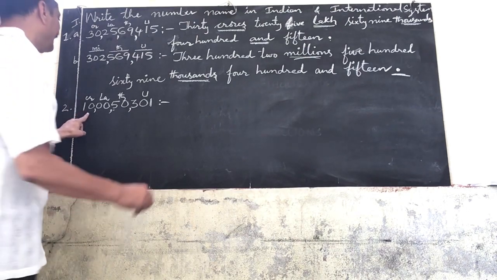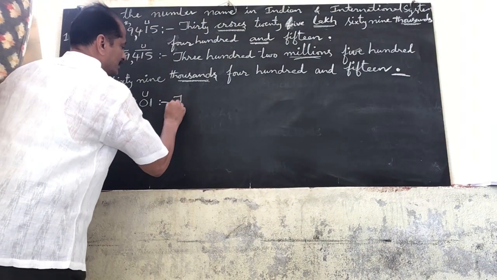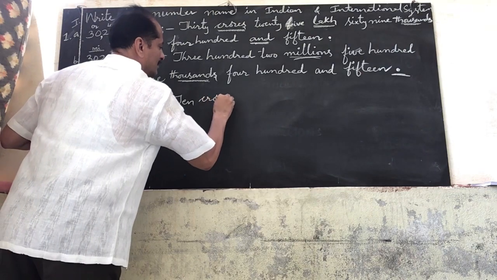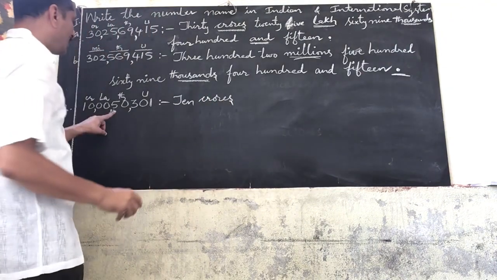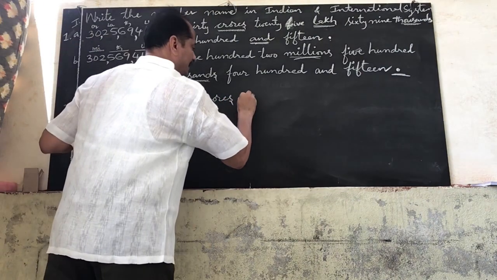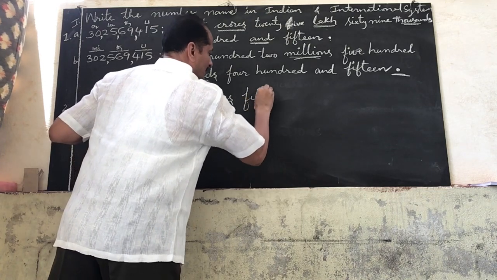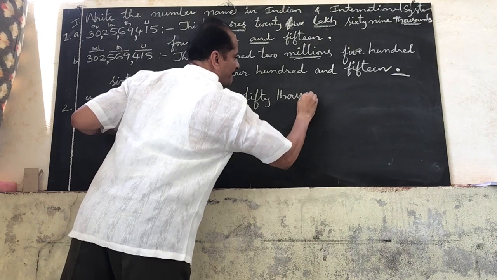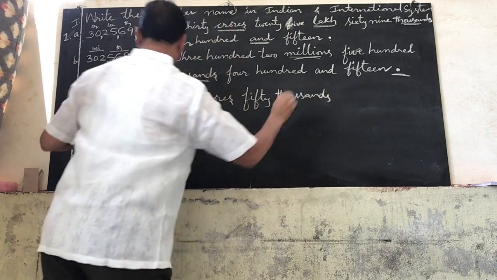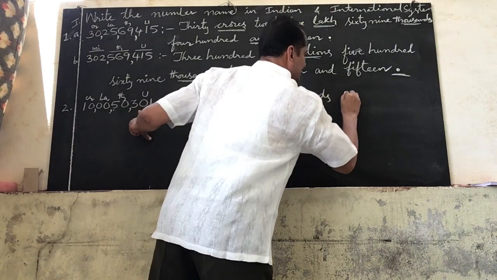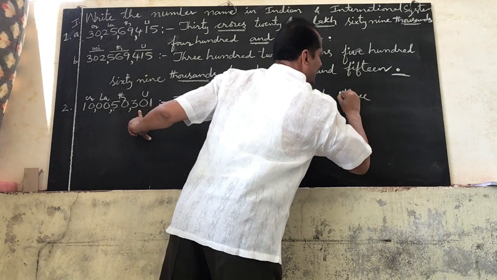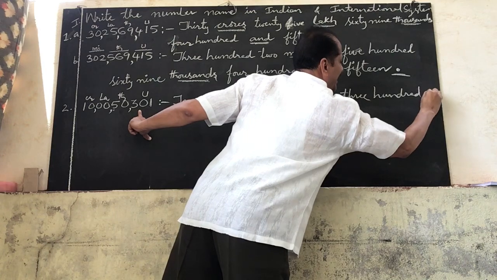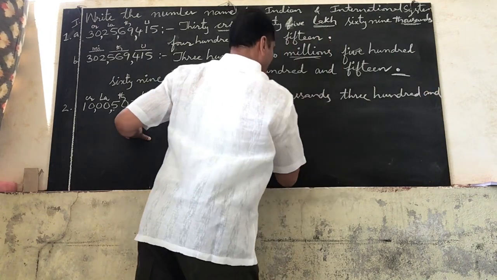So now see here, 10 crores. Capital letter first. 10 crores. No lakhs. 50 thousands. Small letters only. 50,000, 301. 300 and 1.